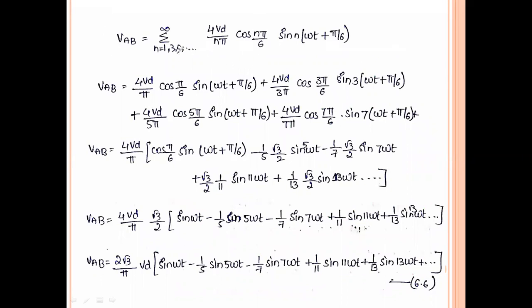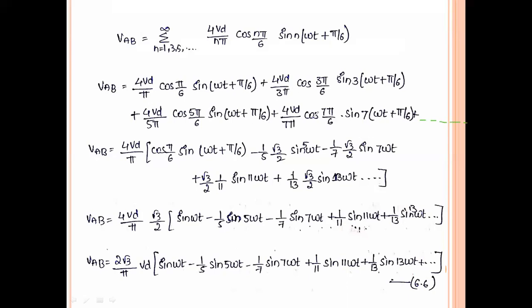If we expand this equation for different n values, n is 1, 3, 5, 7, 11 up to infinity, so the odd numbers only. So if we expand this series, then the line to line voltage, which is VAB, will be like this, plus so on. You can write up to infinity.